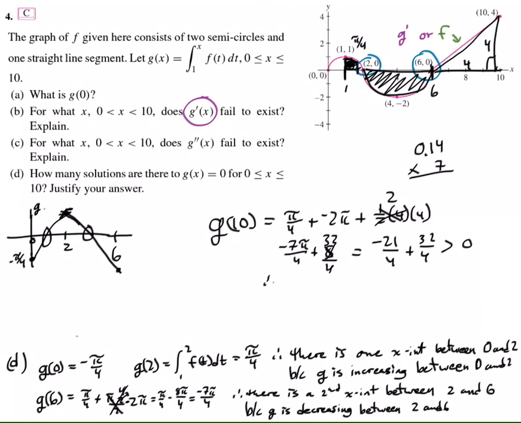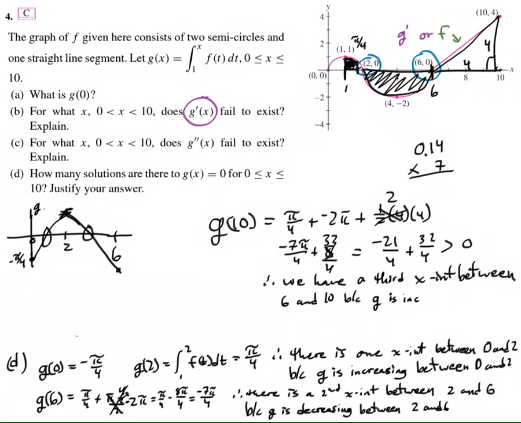Therefore, we have a third x-intercept between 6 and 10, because g is increasing.